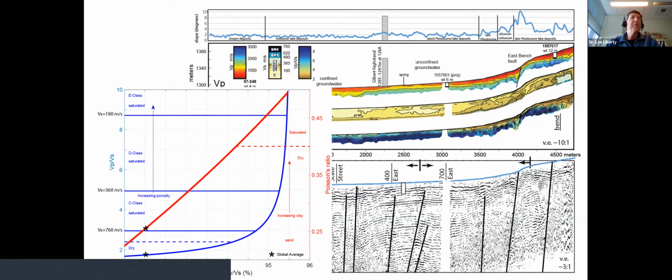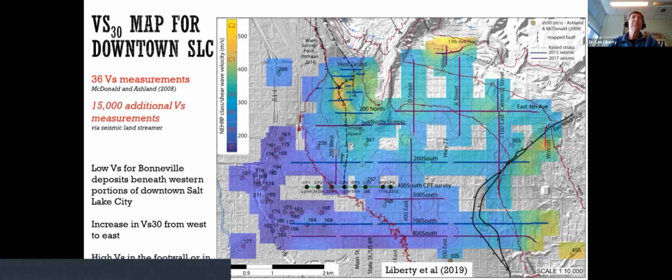But if I focus on VP/VS for a second, when we get above saturation for this particular model, our VP/VS ratios tend to get above 2.5 all the way up here. As we get to really soft soils, we can see VP/VS ratios upwards of 10 in this particular case. So that VP/VS ratio really can help you distinguish between dry rock and saturated soils, and I'll show you an example of how.